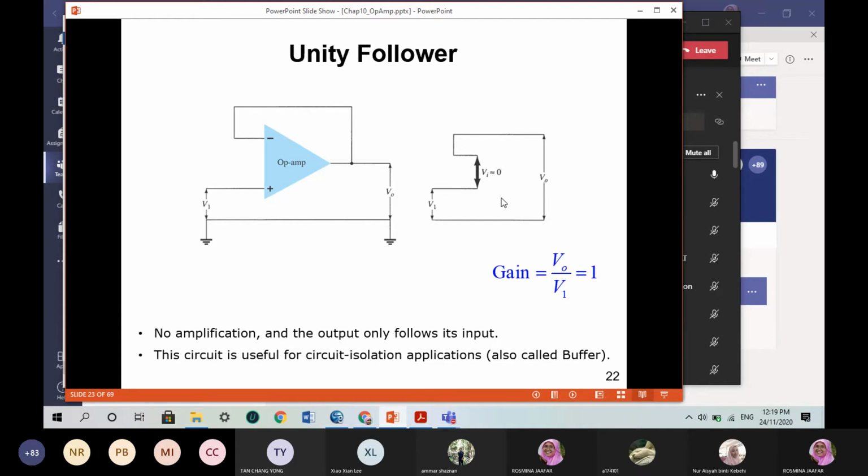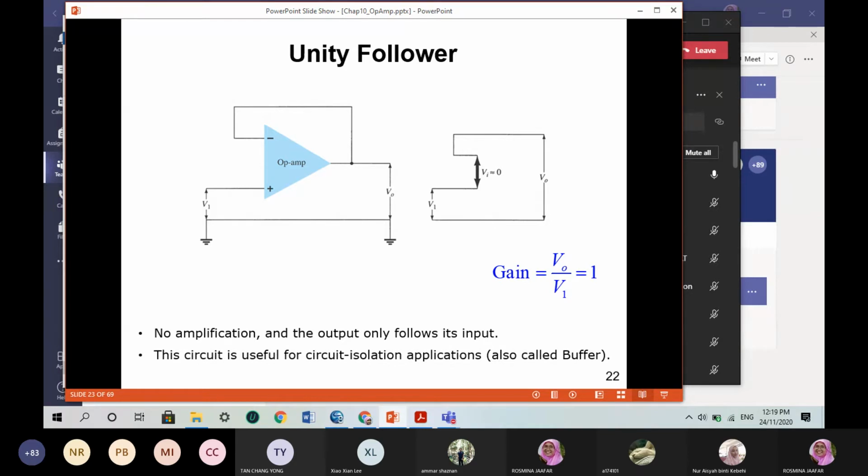That would give the gain equal to 1, because the gain is VO over V1, and this will be your AC equivalent circuit. So whatever input you give to the Opamp, you will see at the output. That makes a voltage follower or unity follower.